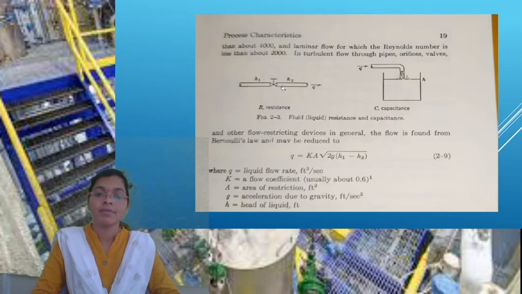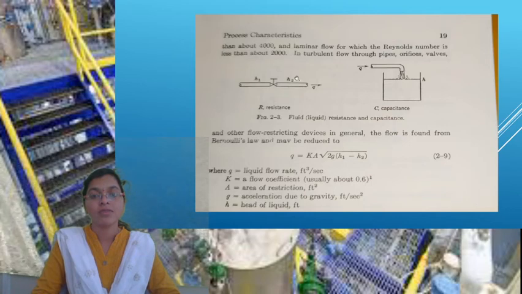For example, if there is no valve, is there any resistive material? No. Why? Because whatever flow you apply, that much flow we are going to get at the output side. Then the resistance value equals 0. If there is a valve, then only will it maintain the resistance value. So how can we write it? R equals V by I, right?